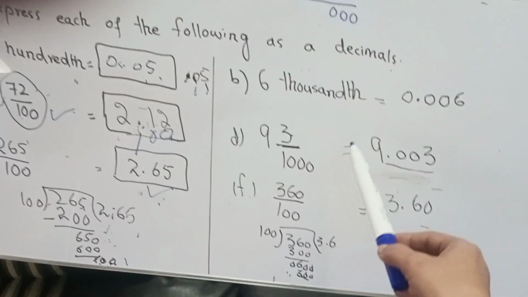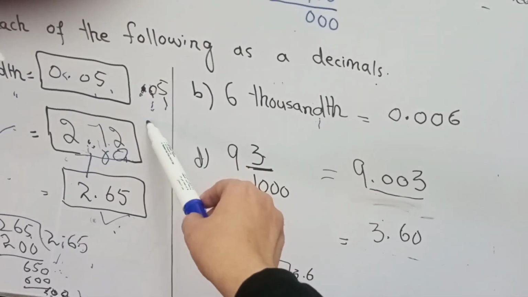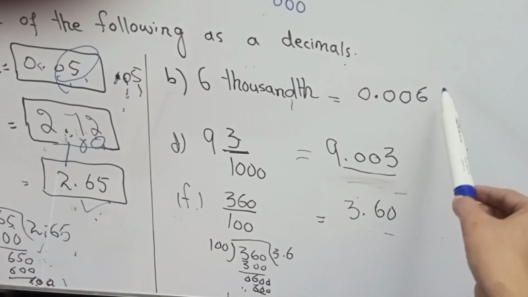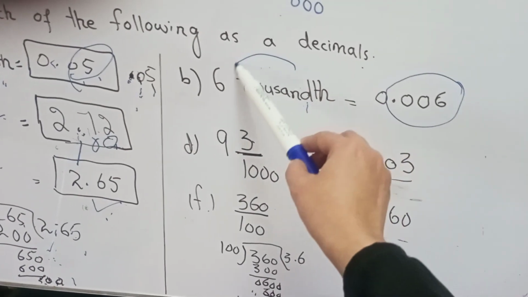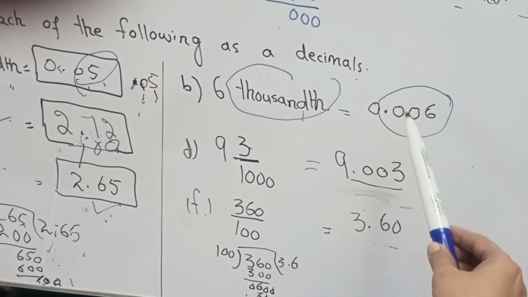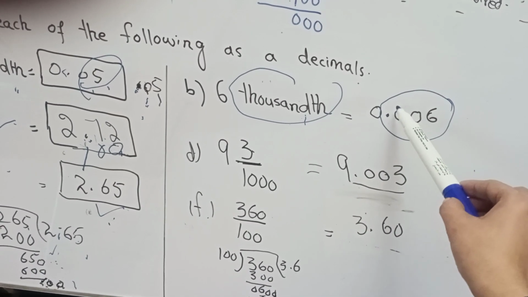And now in the case of thousandths, hundredths means 2 places after the point, and here we carry 3 places. Why? Because that is a case of thousandths. 6 upon 1000, how do you have to write it? First of all, the point, then placing the values.